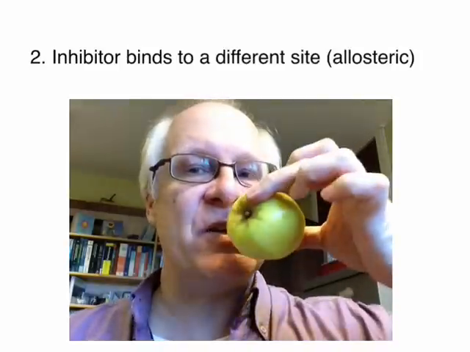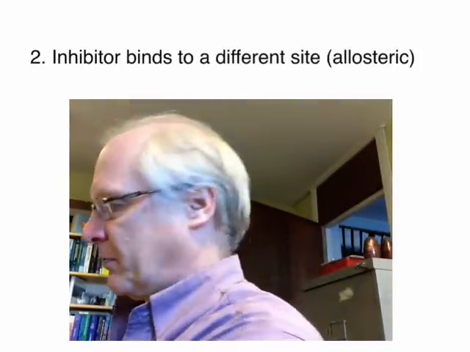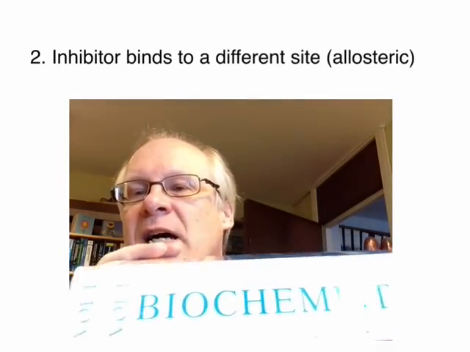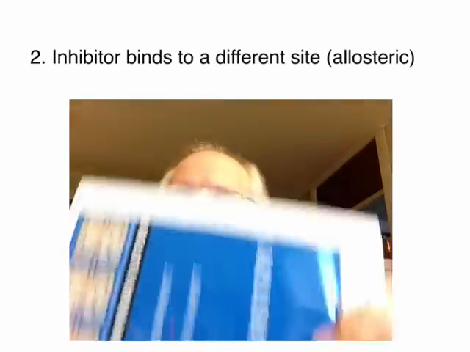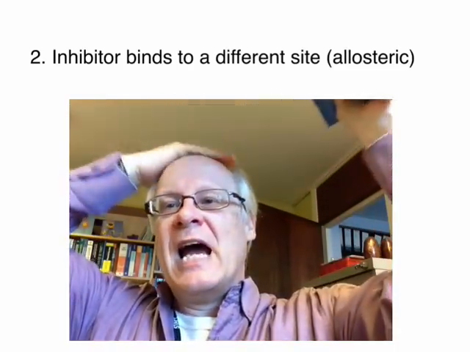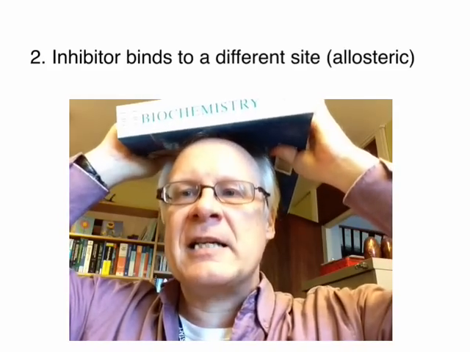The substrate can bind to the active site. Now here comes an inhibitor. This inhibitor, you will agree with me, looks very different to the substrate, but this inhibitor can bind to the allosteric site, like that.